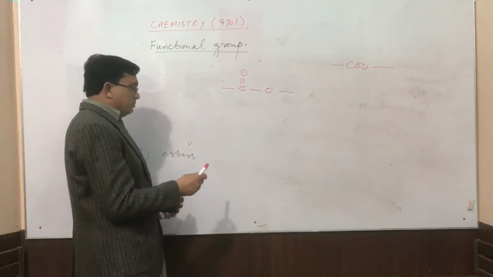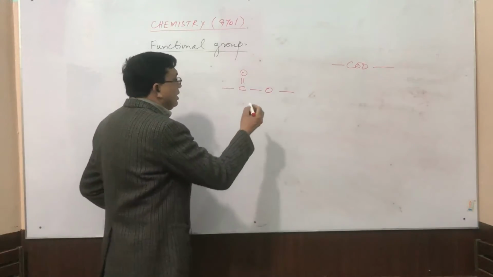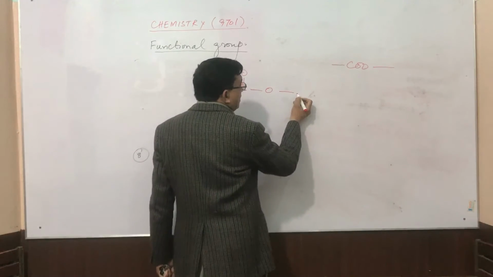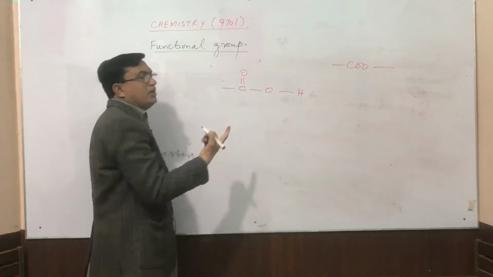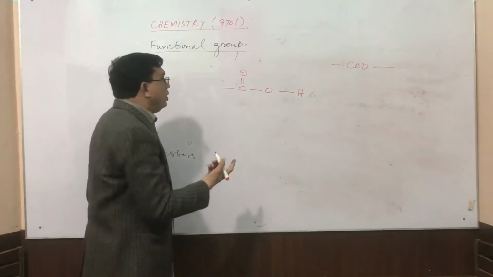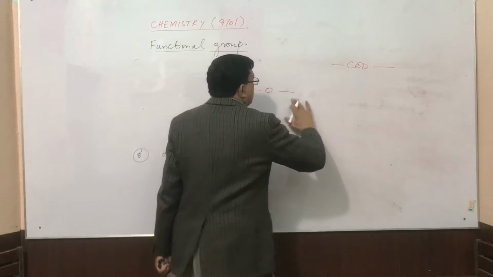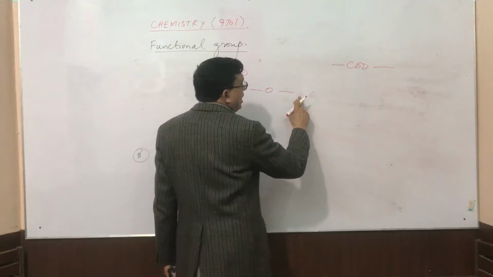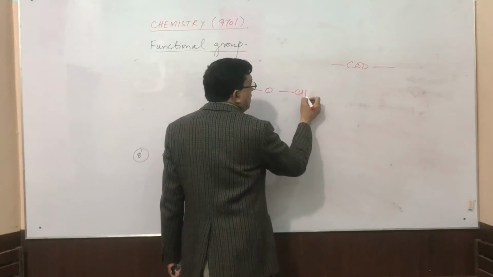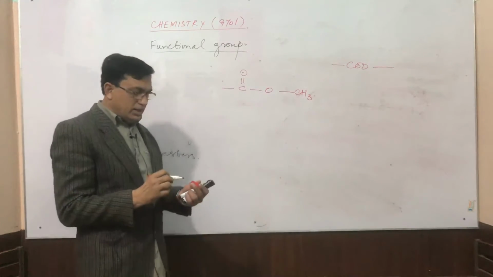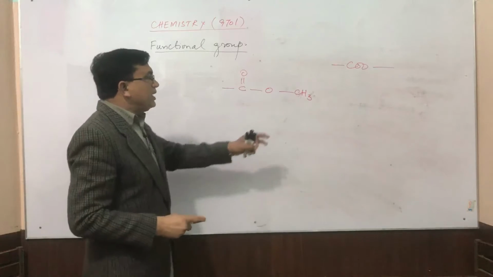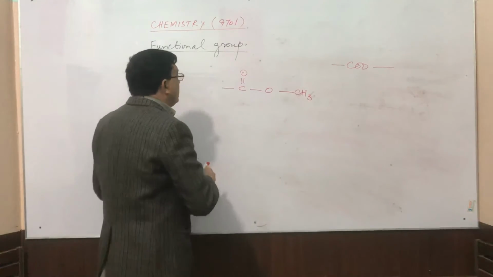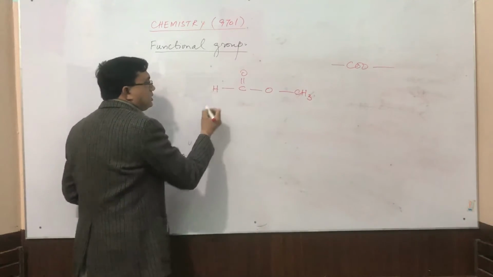For example, if we write H here, this will become a carboxylic acid group. So no need to write H here. Now on this side hydrogen can be, but on this side hydrogen cannot be. That's why this will definitely be occupied by the simplest alkyl group, methyl, and here hydrogen might come.